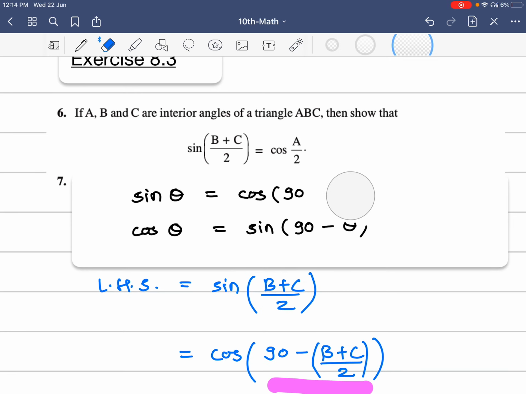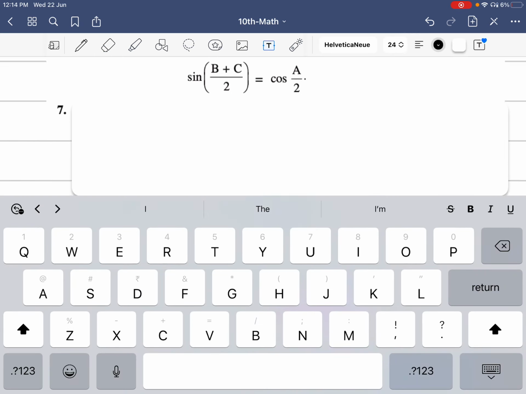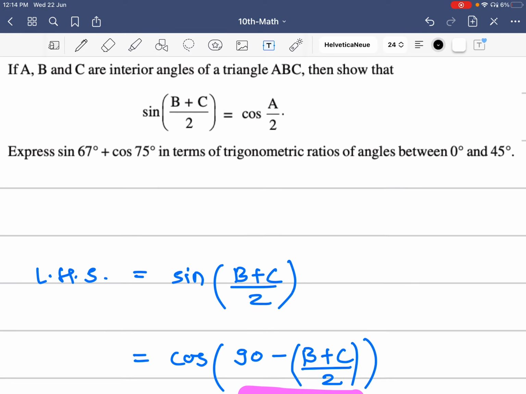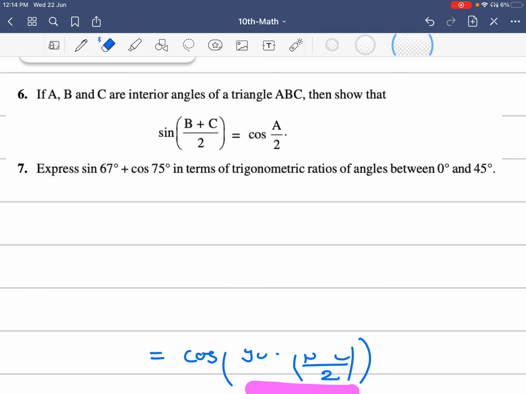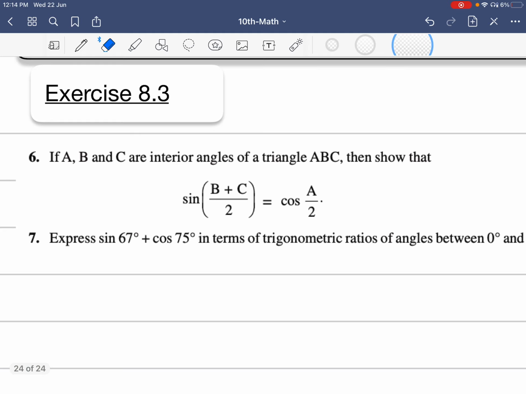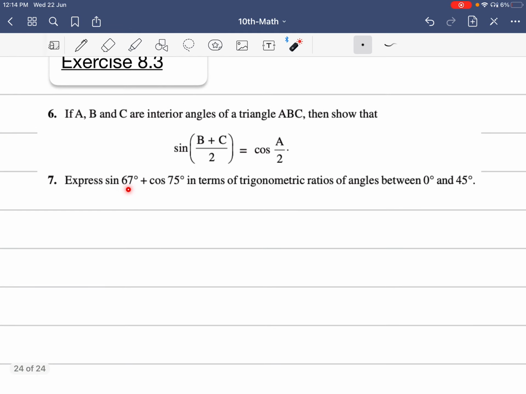So now once again, let's get rid of this and let's find out what is question number 7. Question number 7 reads that express sine 67 plus cos 75 in terms of trigonometric ratios of angles between 0 and 45.